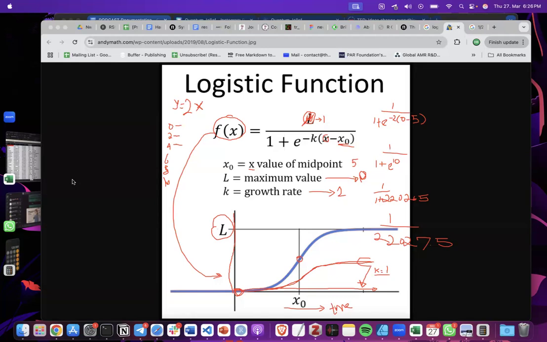Anybody else has an idea before I give you more clues? We can call it a control agent since it's controlling the growth. Exactly. It's controlling the growth rate, and we cannot reach the maximum value. Something is happening.